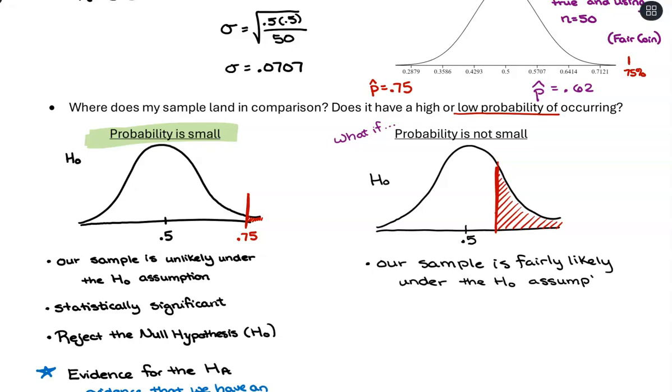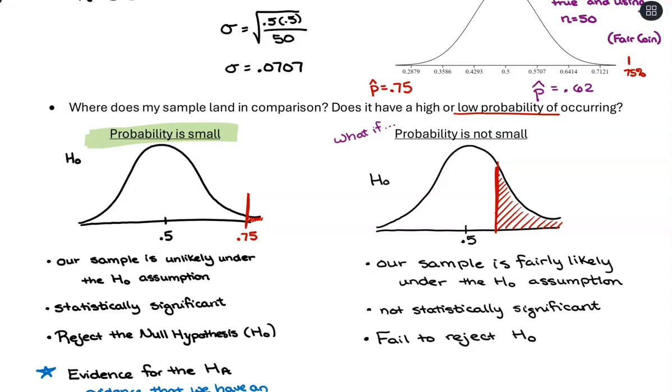Assuming this is a fair coin, we saw something that could not easily happen, but fairly likely that we would see that pop up, which means our results are not statistically significant. While they don't line up exactly, it's not extreme. So what we say with this is we fail to reject the null hypothesis.